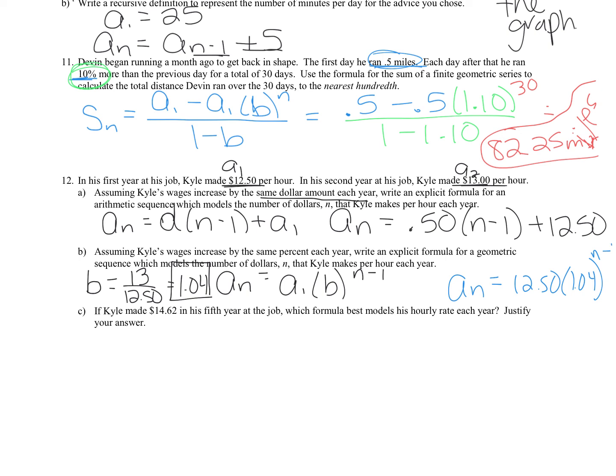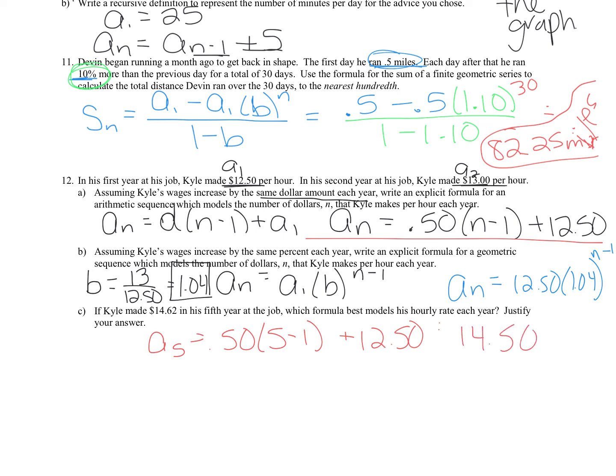It says, if Kyle made $14.62 in his 5th year at the job, which formula best models his hourly rate each year? So we're going to find a sub 5 with each of the formulas. I'll start with the linear one. That would give me 0.50 times 5 minus 1 plus 12.50. That's going to give me 14.50. Pretty close. Let's see how the other one does.